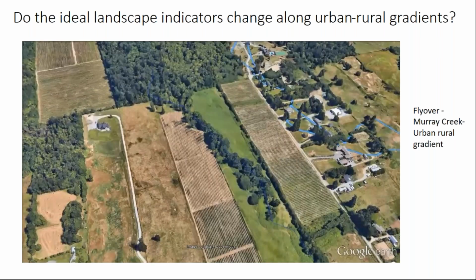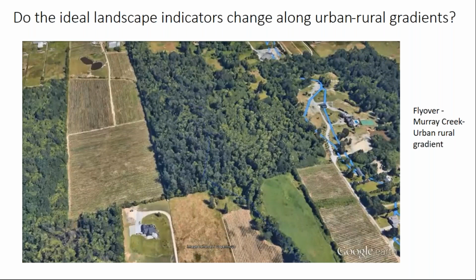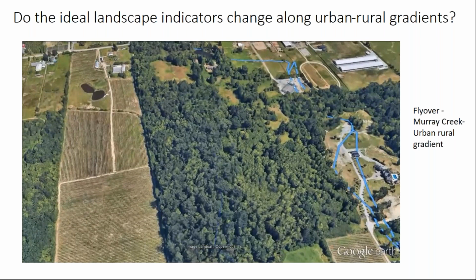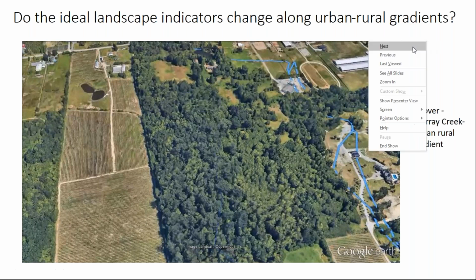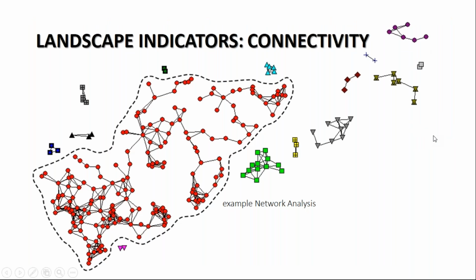And so she's interested in looking at those differences across the landscape and figuring out, is it helpful to think of more rural landscape indicators versus urban landscape indicators, or can we use the same landscape indicators in either setting? So that's what she's going to be focusing on.